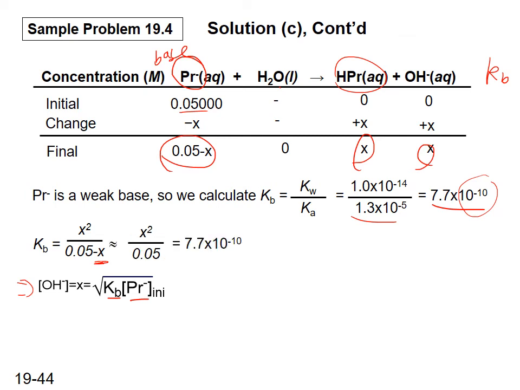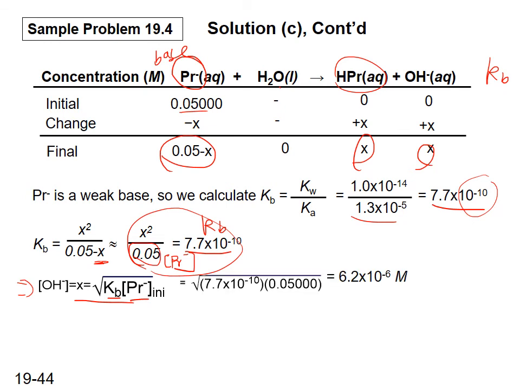So x squared divided by 0.05 equals Kb, where 0.05 is the initial concentration of the propanoate. Using this equation we can derive x, which is the hydroxide concentration: the square root of Kb times base concentration. Plugging in the data, we get 6.2 times 10 to the minus 6.